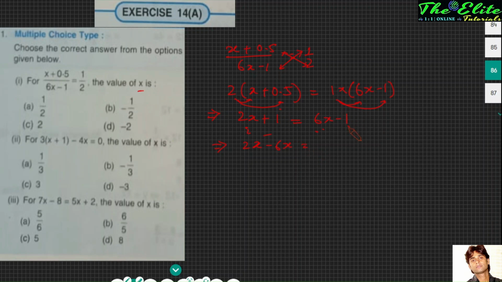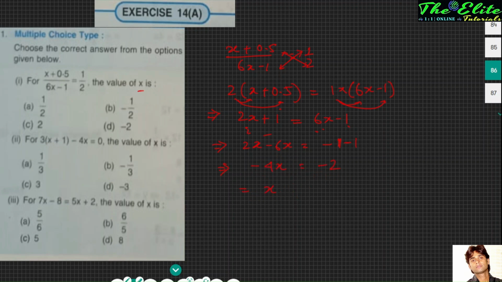So this one will be sent over there. On the right hand side it is already -1, and this +1, when it is transposed to this side, changes its sign and becomes -1. This will give you 2x minus 6x, yes, -4x, and here it is -2.